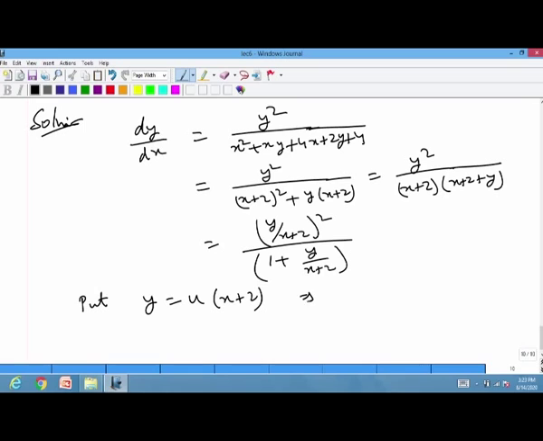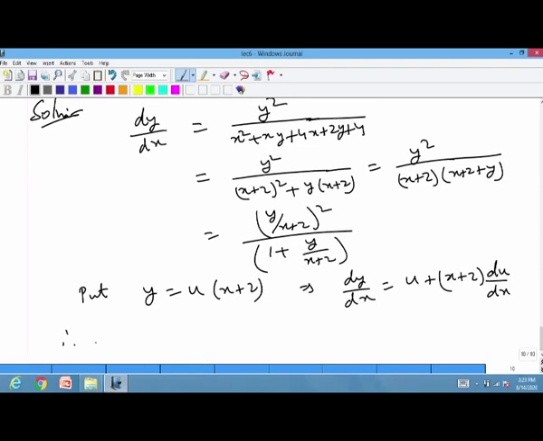This will imply dy/dx is u + (x+2) du/dx, and therefore we have u + (x+2) du/dx is equal to u^2/(1+u).